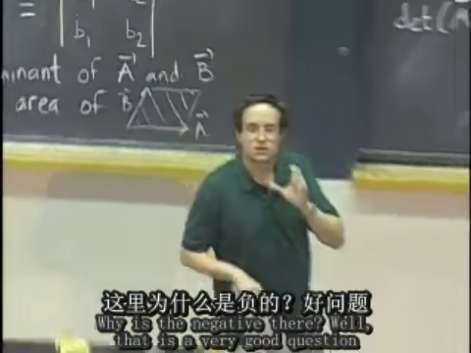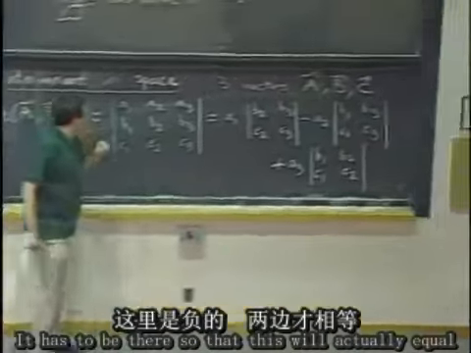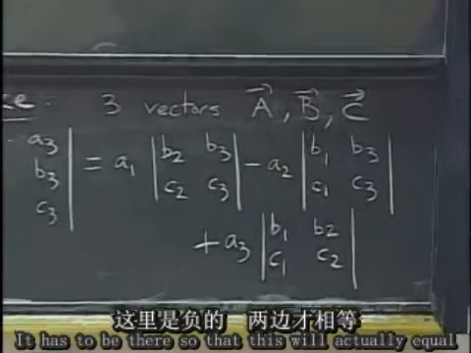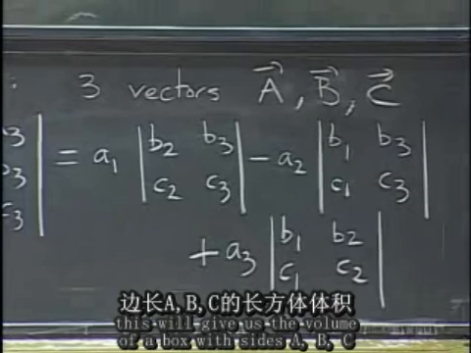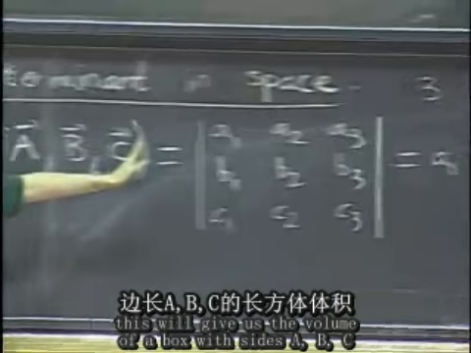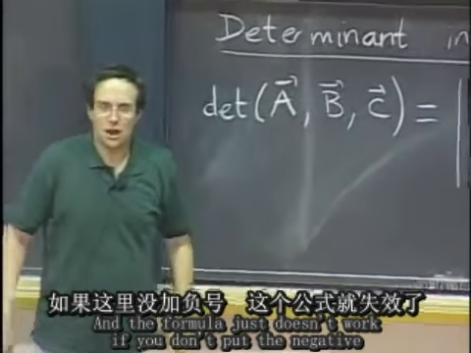Sorry, why is the negative there? Well, that's a very good question. It has to be there so that this will actually give us the volume of the box with sides A, B, C. The formula just doesn't work if you don't put the negative.